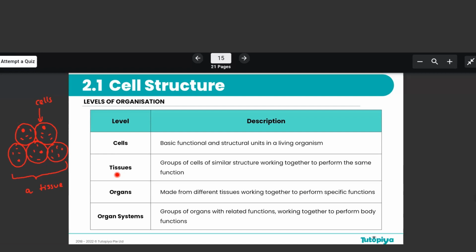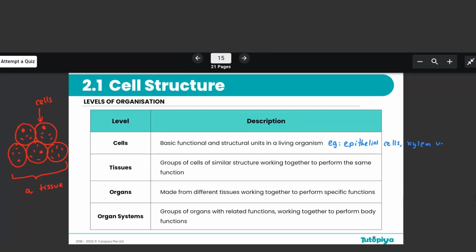Now, for you to understand cells and tissues better, let me give you a few examples. We've learned in some of our previous videos of some examples of specialized cells, right? For example, we've learned of the epithelial cells found in animals. And with regard to plants, we've learned of cells such as the xylem vessels.